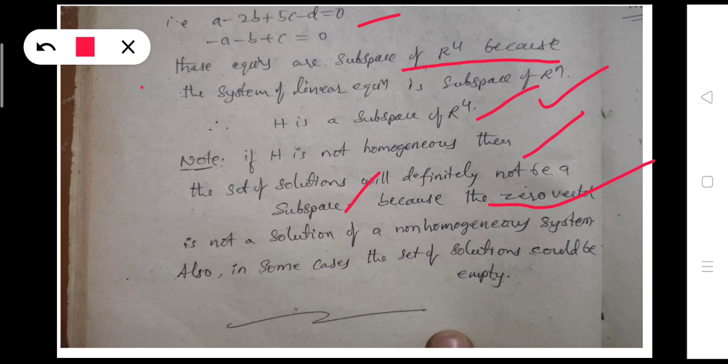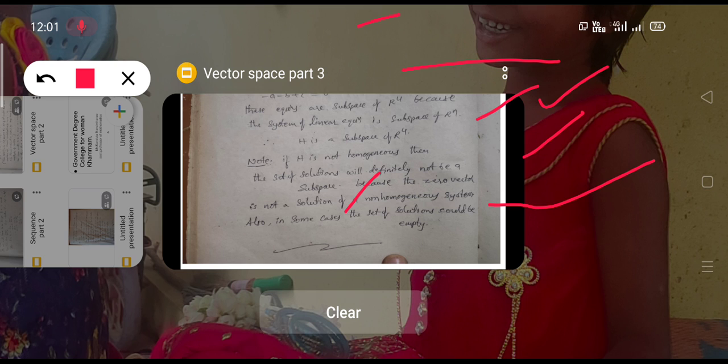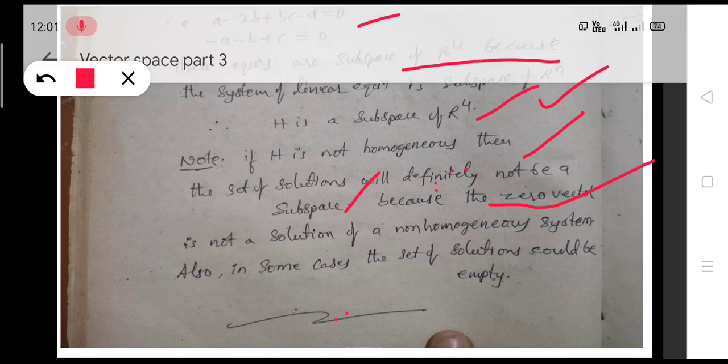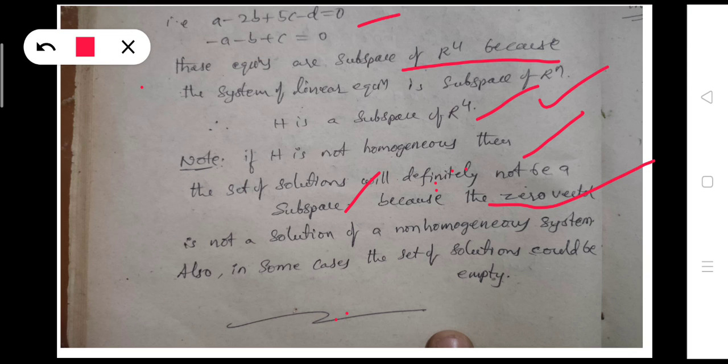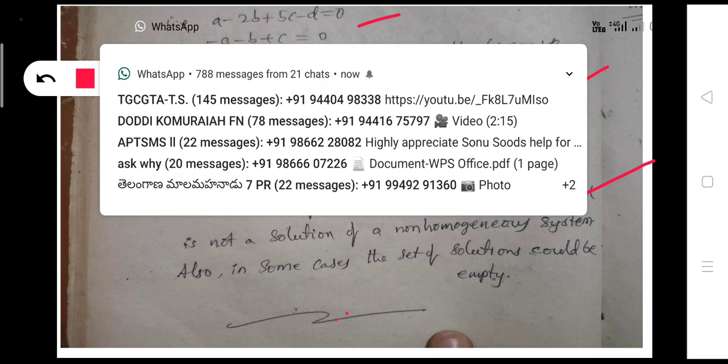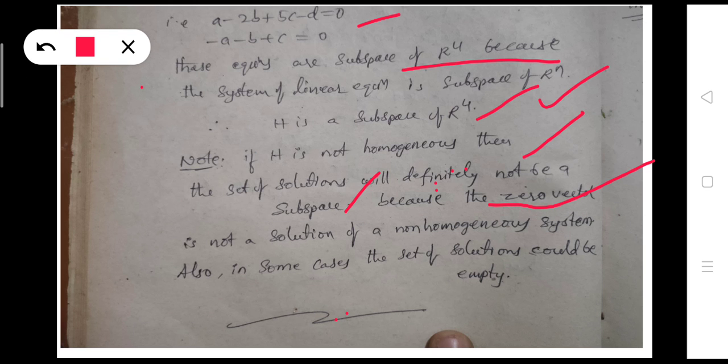Homogeneous means equal to 0; if the equations are not equal to 0, they definitely will not give a subspace because the zero vector is not in the set. Okay.